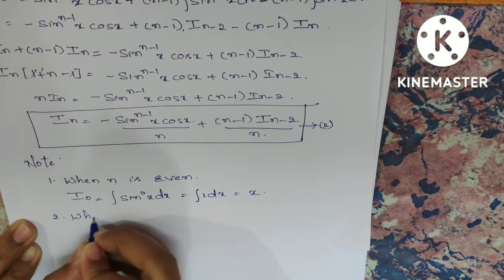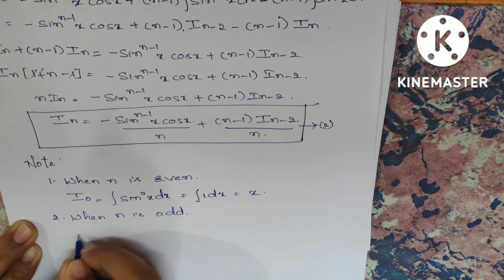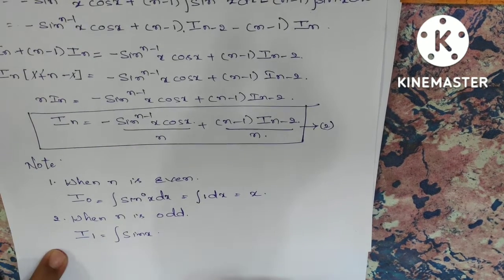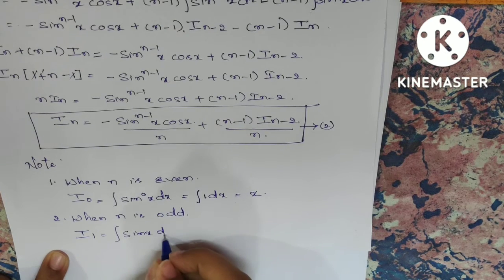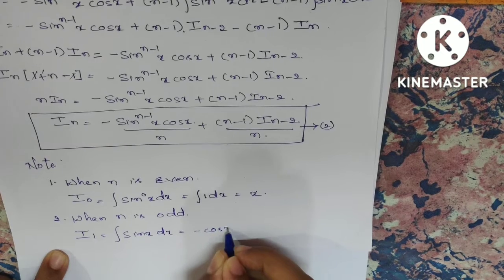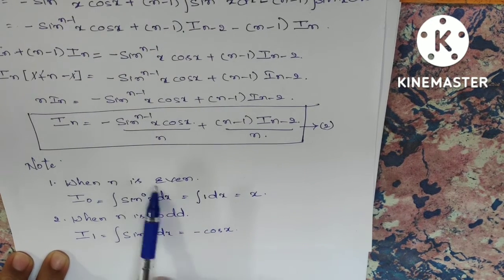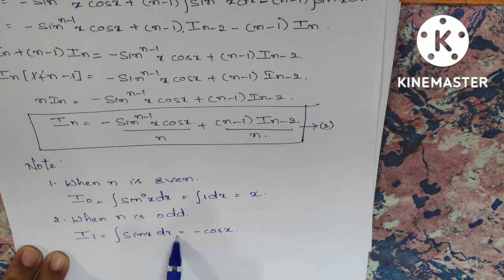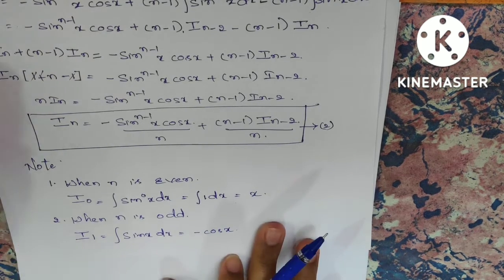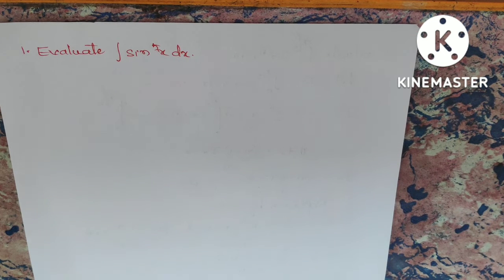Second, when n is odd, then I_1 equals integration of sin x dx equals minus cos x. So when n is even, I_0 is x. When n is odd, I_1 will be minus cos x. Students, next we'll see some examples on that.